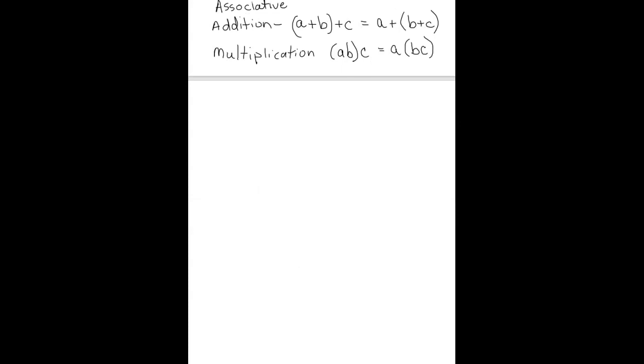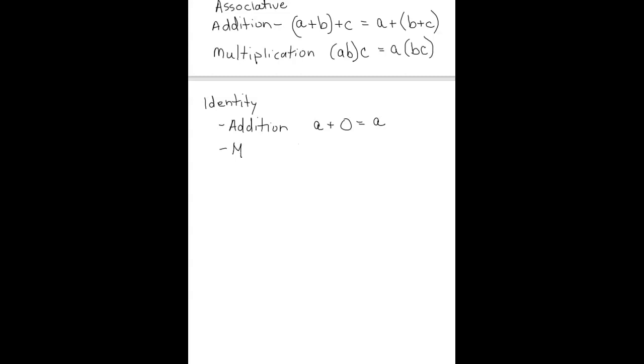Identity property. It's kind of what it sounds like. When you have addition, if I have a number A, and I add 0 to it, I still have A. Whatever number I pick and put in place of A, if I add 0 to it, I still have that original number.